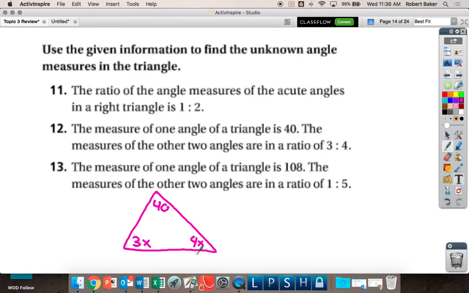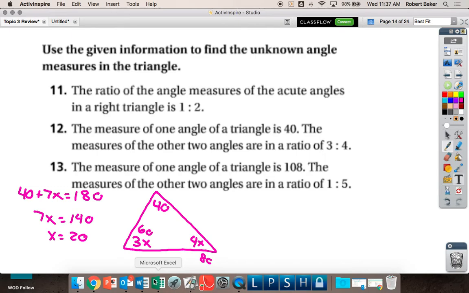So then 140 is equal to 7x, since 40 plus 7x equals 180. So this one's 60 and this one's 80. Do they have a ratio of 3 to 4? Yes. They're killing it.